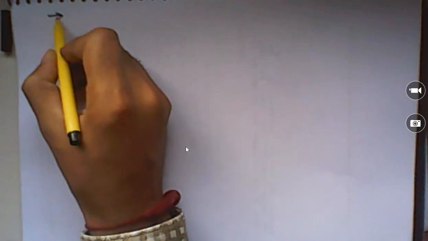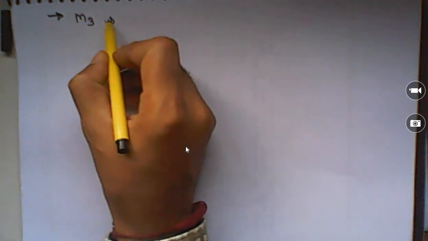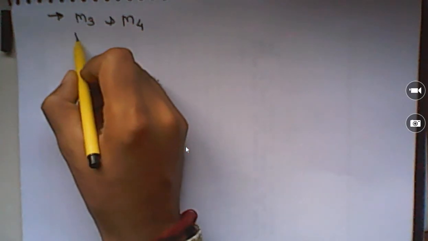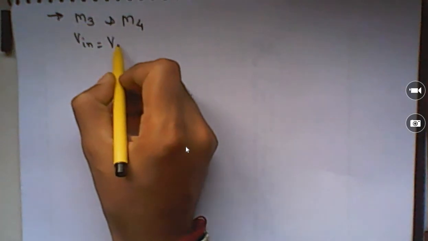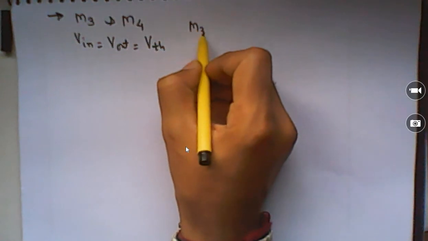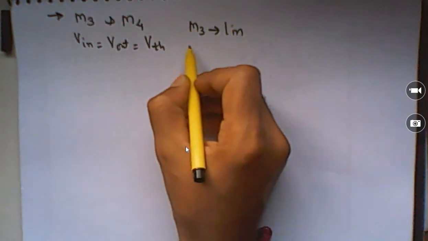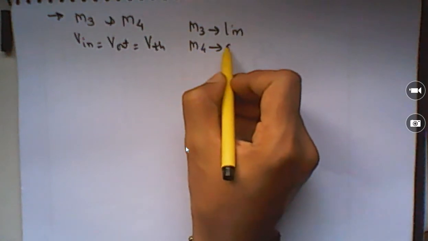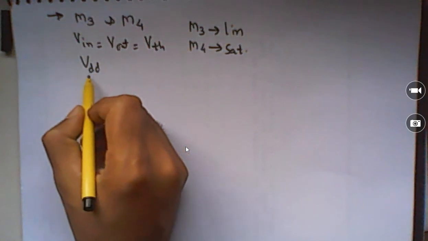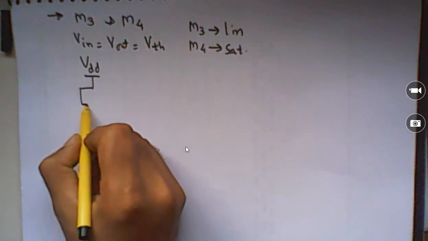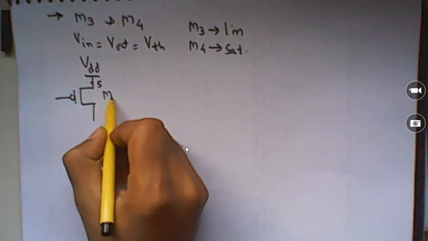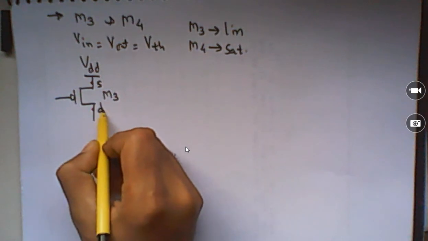Both the P MOSFETs M3 and M4 are connected in cascade, and when input is equal to output is equal to VTH, the M3 MOSFET operates in the linear region and the M4 MOSFET operates in the saturation region. So let's see how M3 and M4 are connected. M3 is near the VDD. So this is the source terminal of M3 and this is the drain terminal of M3.